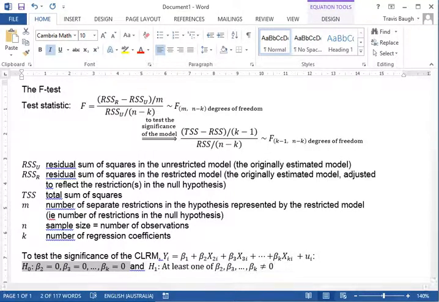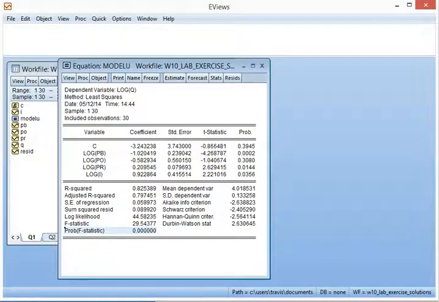Now, flipping back to the eViews output, part 3 of part D asks us what conclusion will be drawn from this test. Well, we have an extremely low p-value, and this suggests that we should reject the null hypothesis. The null hypothesis, remember, was that the model was not significant in explaining the dependent variable, demand for beer.